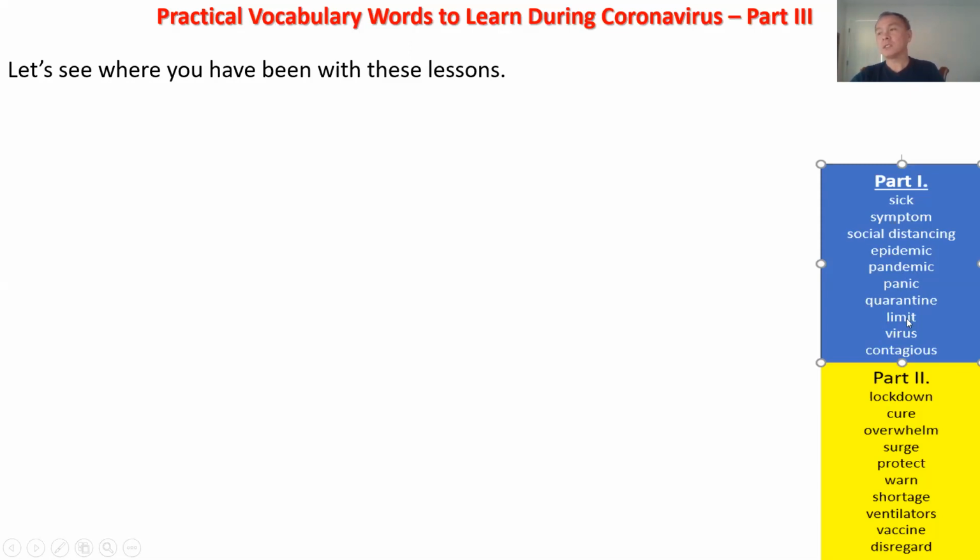Limits is like how much, how many, something that you are allowed to do or allowed to have. Virus is an organism, a living thing that can travel, but you cannot see them. You can only see them by a machine called a microscope. Contagious is when something can spread, can infect other people.